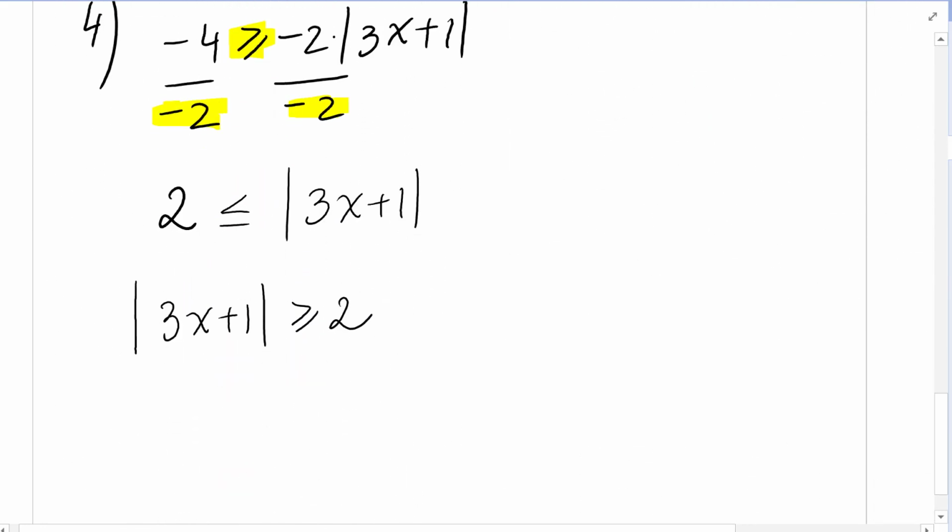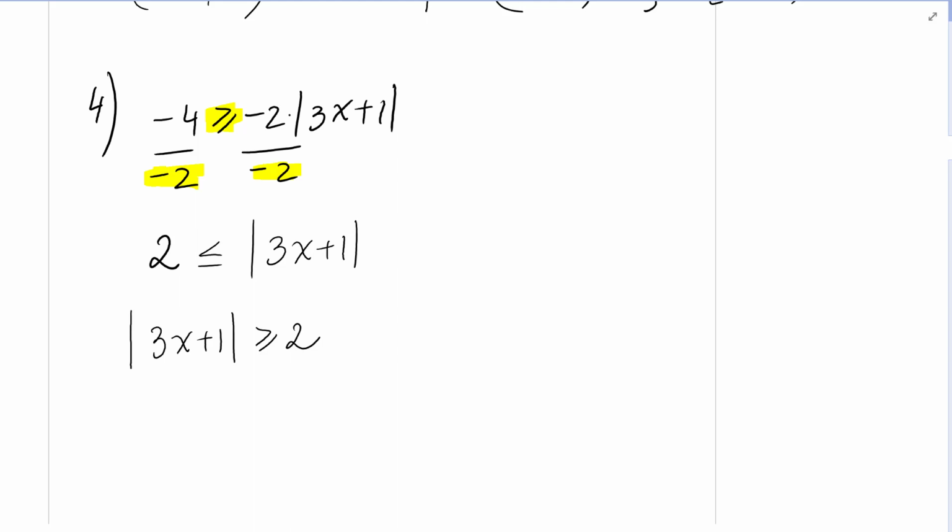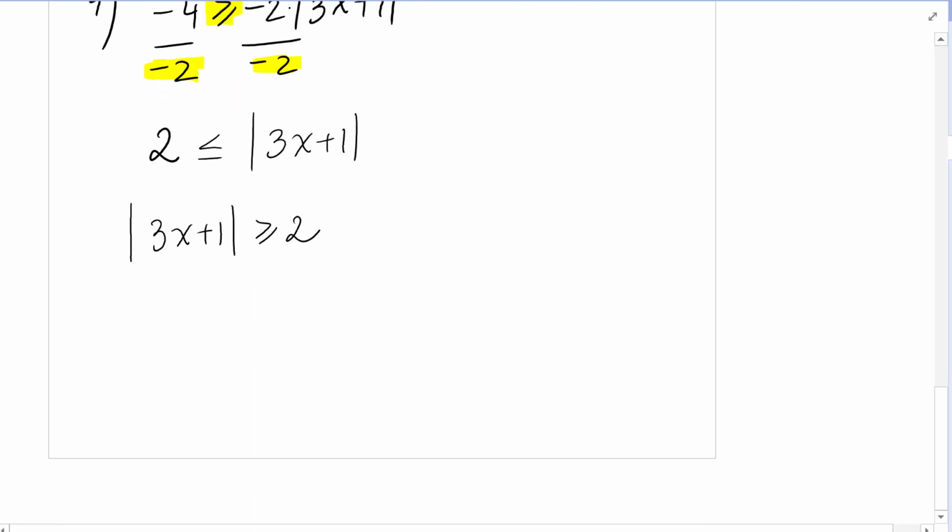So going back to our problem, this becomes 3x plus 1 greater than or equal to 2, or 3x plus 1 less than or equal to negative 2. And we have a compound inequality to solve.